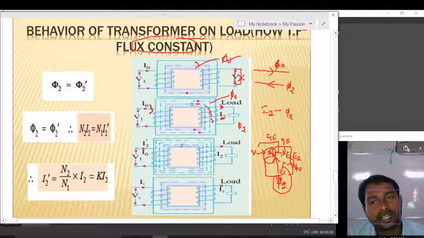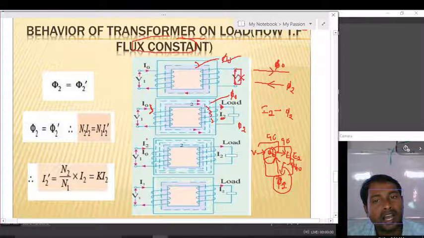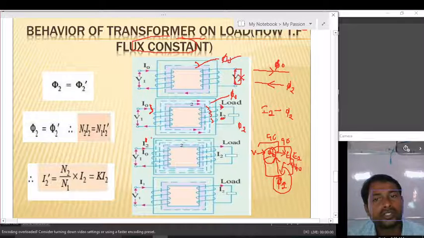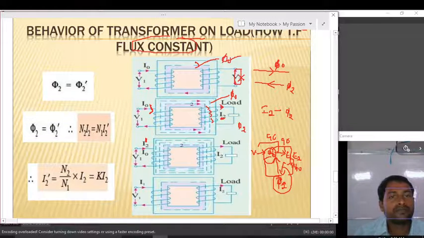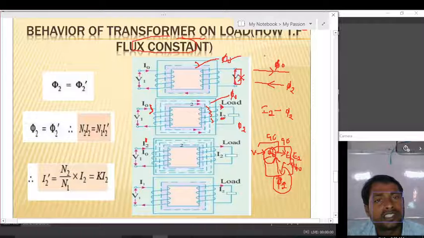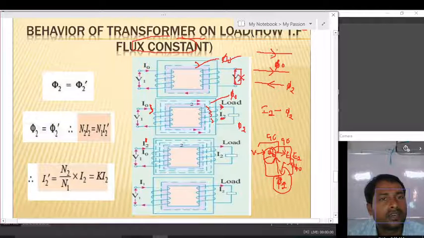That's why the current drawn from the primary side to compensate the secondary current is I2 dash. Due to I2 dash, an extra flux is produced, and that flux is in phase with the no load flux. This is phi 2 dash. Why is it in phase with the voltage?